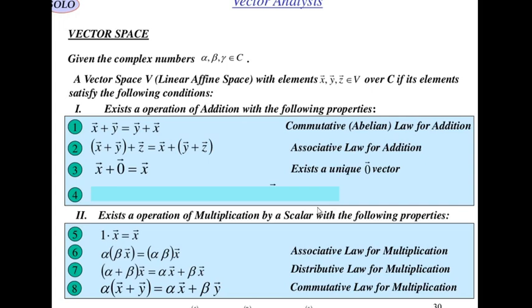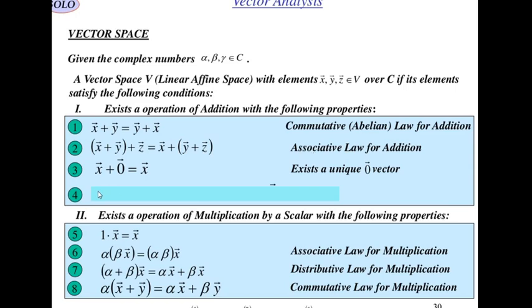In a nutshell, what we have seen till now: the x vector added to the y vector, you can rewrite as the y vector added to the x vector, because the law of addition is commutative. The x vector plus the y vector in brackets added to the z vector, that means the summation of x plus y is added to the z vector, you can rewrite as the x vector added to the summation of y plus z, because the law of addition is also associative.